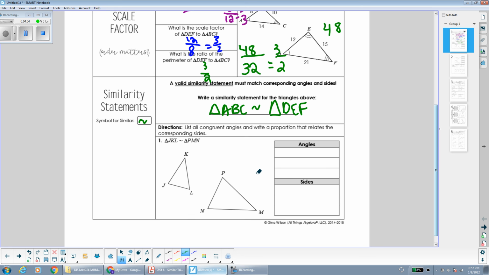On the bottom here, it says list all congruent angles and write a proportion that relates the corresponding sides. So the congruent angles here would be angle J, and that corresponds.